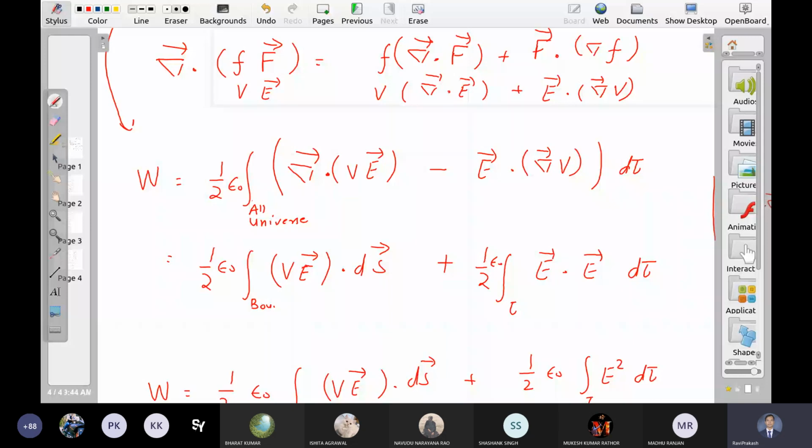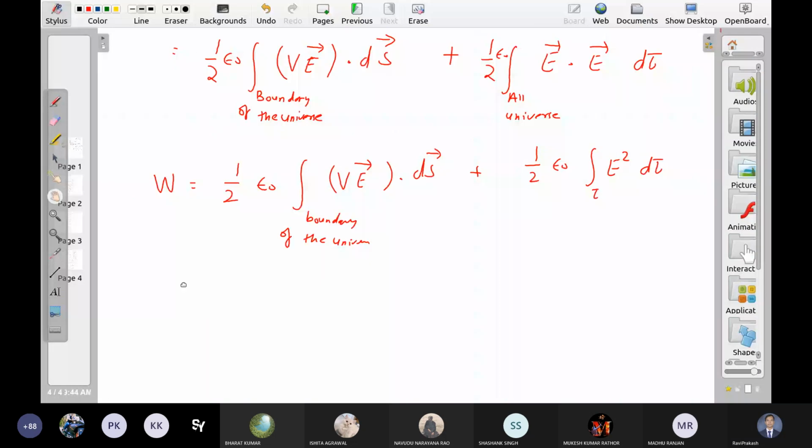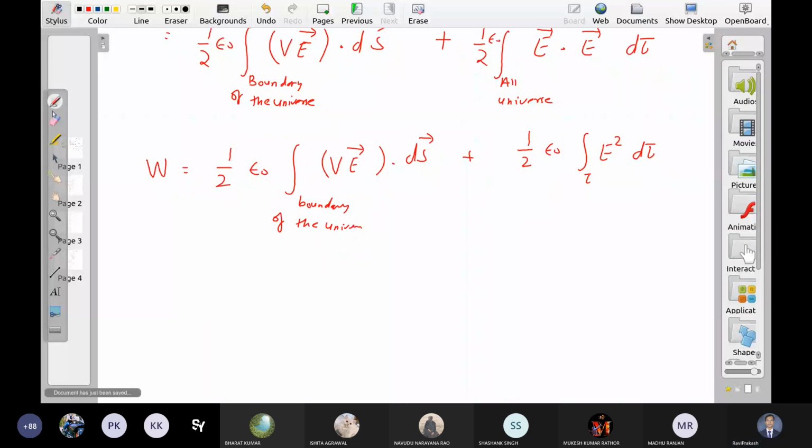What is this first integral? Can you calculate the first integral? So first integral is this.